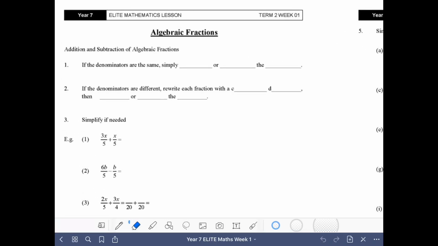So if denominators are the same, simply add or subtract the numerators.